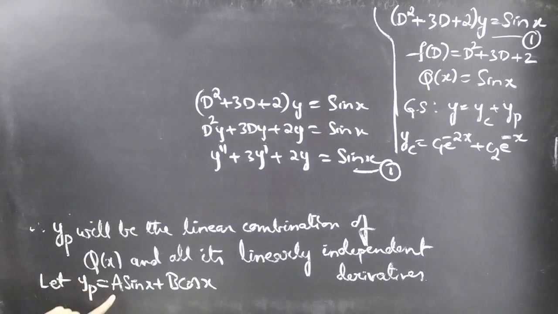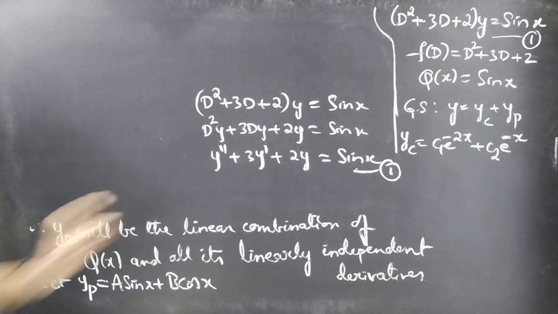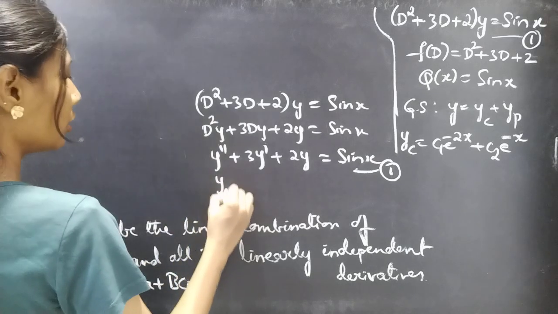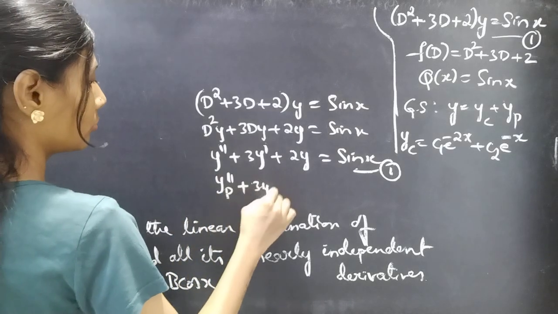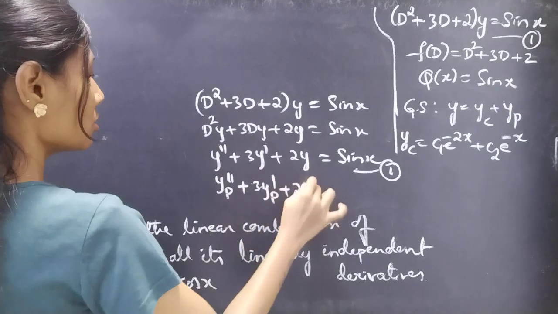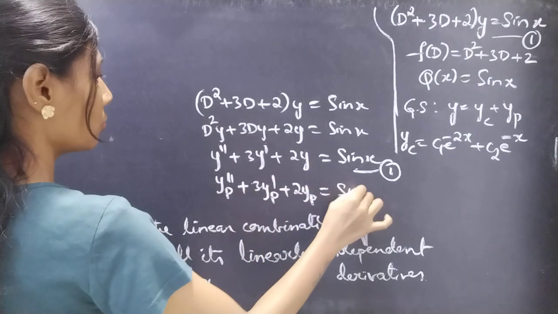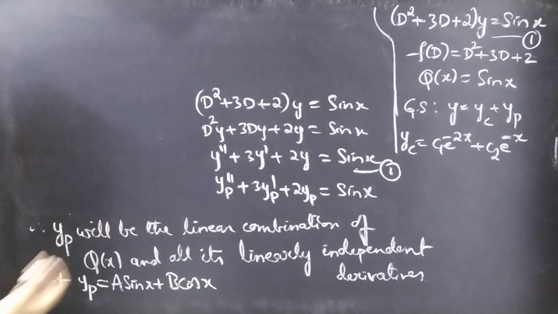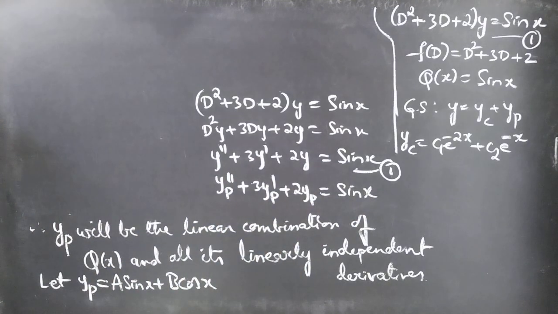We have chosen yp such that it satisfies equation 1, which is nothing but, we'll write in terms of yp. Since it satisfies the given equation, we can just apply yp in equation 1, isn't it?